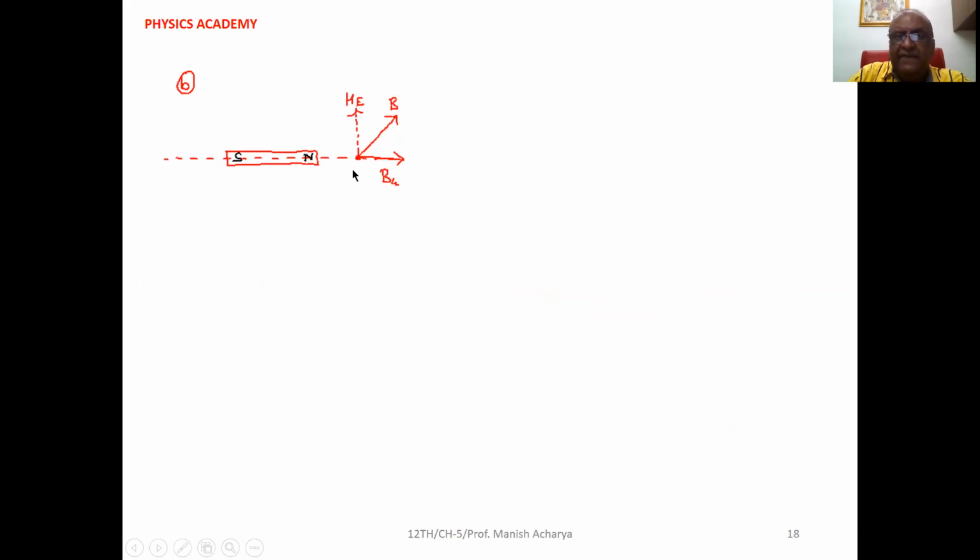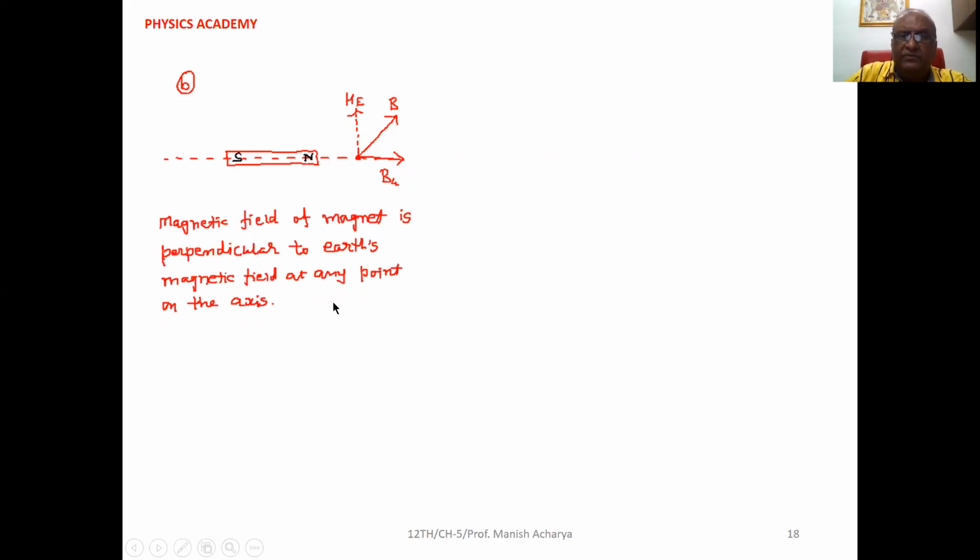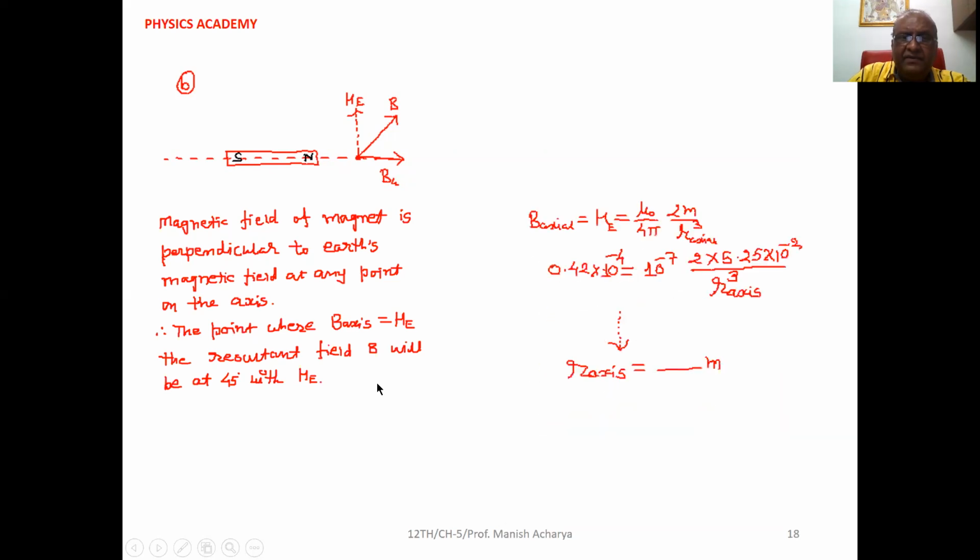Again, this is possible only when He and B axial become equal. So we can write here B axial equals He, that is mu 0 upon 4 pi 2m upon r axial cube.